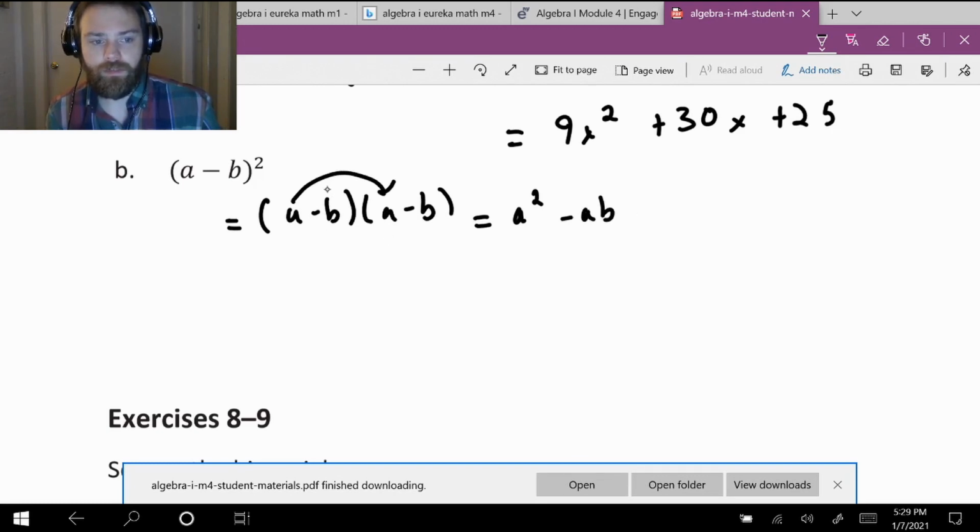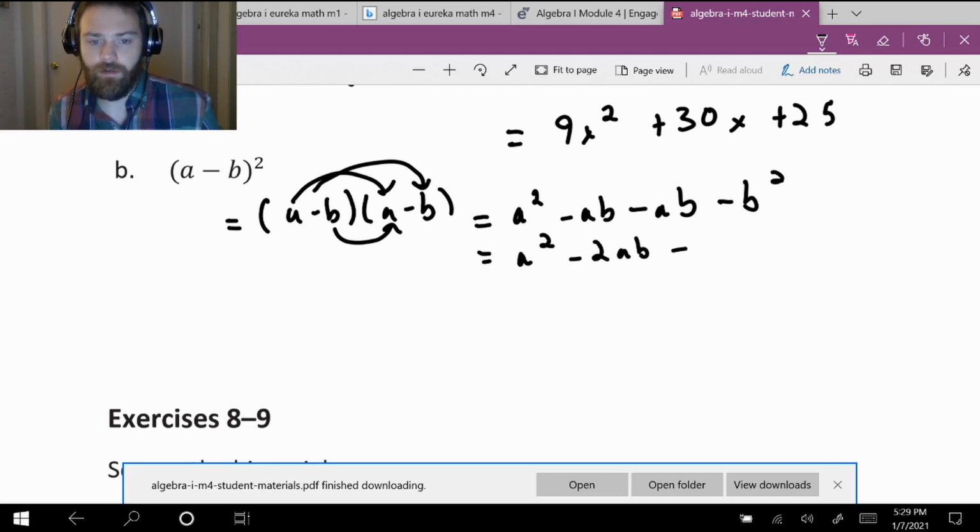So a times a is a squared, negative ab, negative ba, which is the same thing as negative ab. So there it is again. Negative b times negative b is positive b squared. That was my bad. So a squared minus 2ab plus b squared.